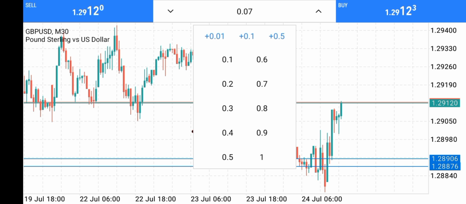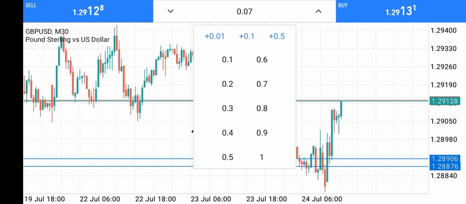So forex trading is all about risk and reward. You will always risk something in order to get a higher amount. Like I said, we will be using the lot size and the pips to calculate the value of your risk and the value of your reward.